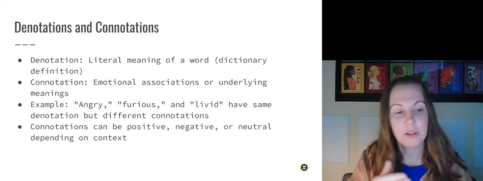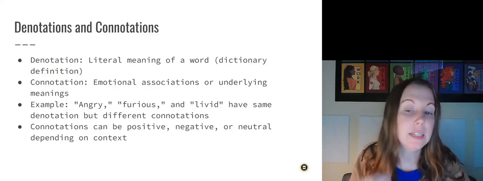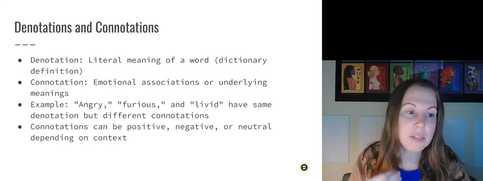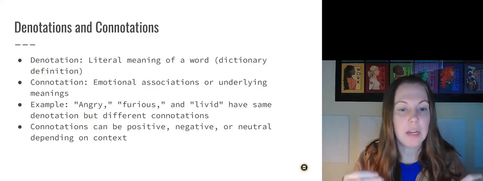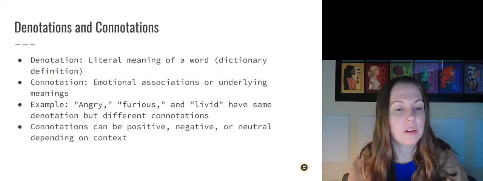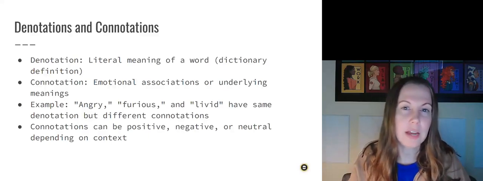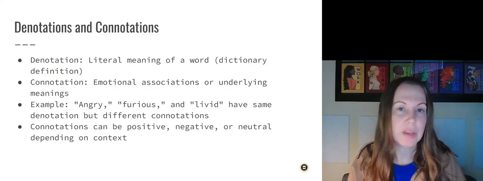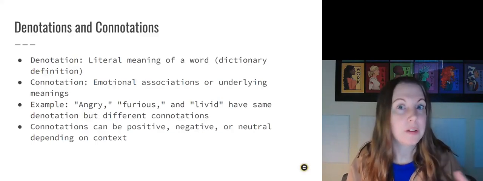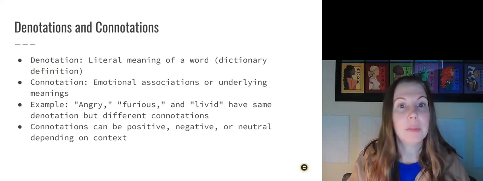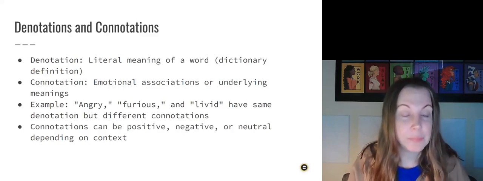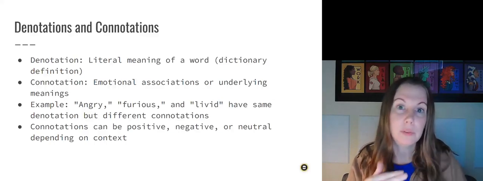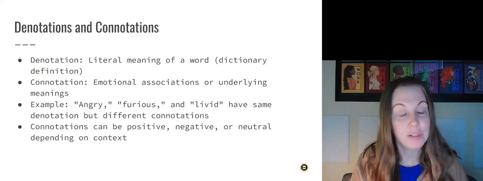So, for instance, here it says angry, furious, and livid. They all have the same denotation. It all means somebody is really angry, right? But the connotations are a little bit different. If you say, I'm angry, then okay. I'm furious, okay, we're getting a little bit more spicy. But livid is absolutely spicy, right? So that's the difference between denotation and connotation.